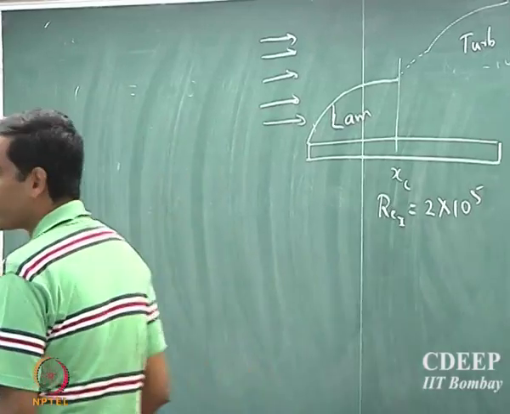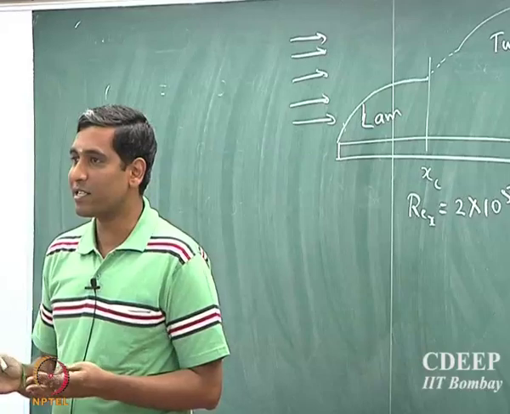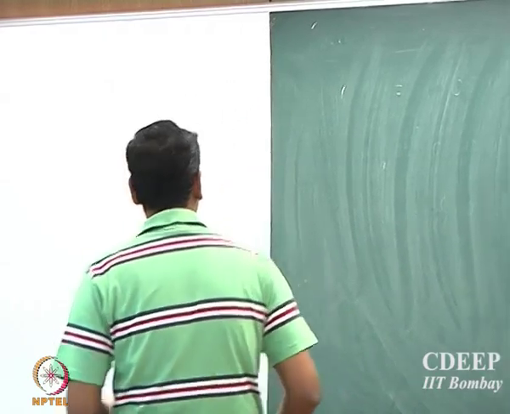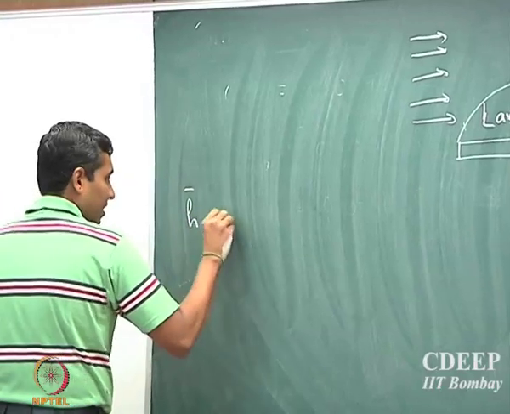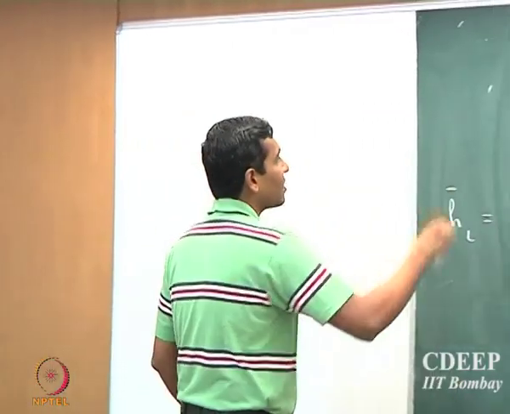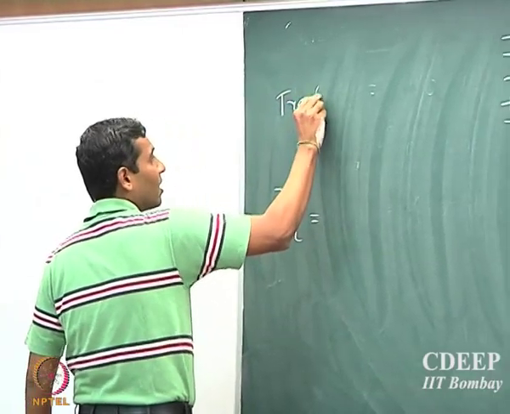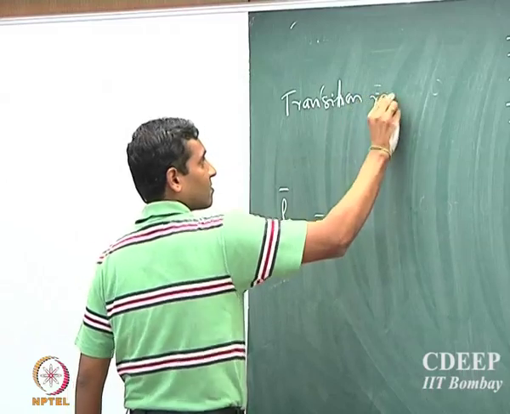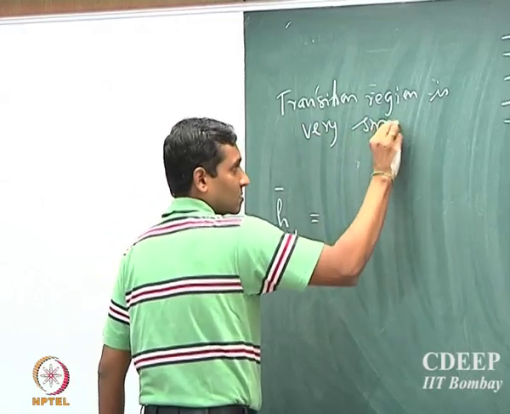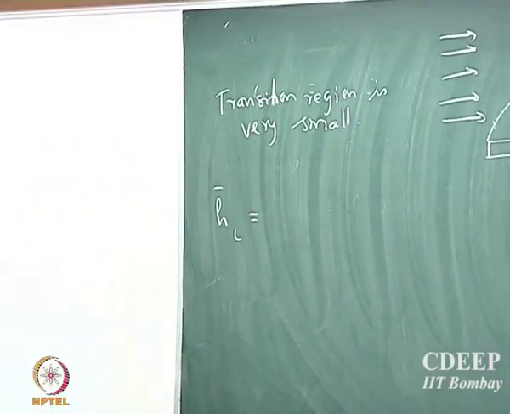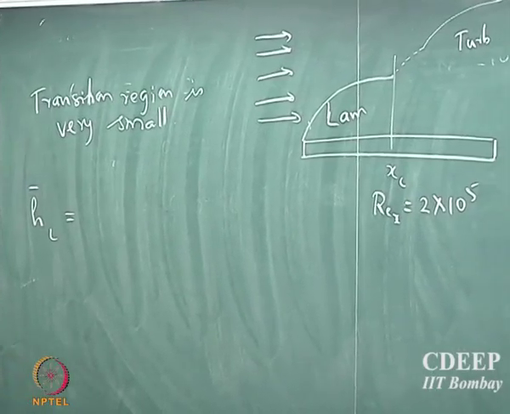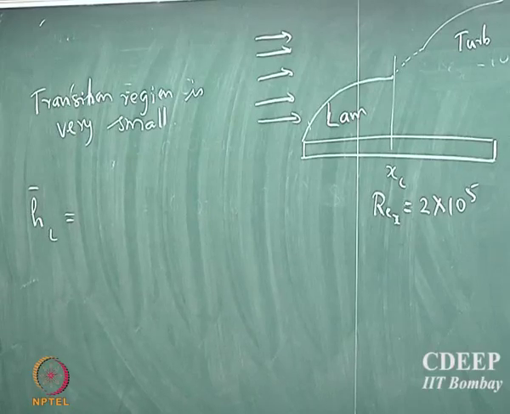So remember that what we are interested in is only the average heat transport and average mass transport coefficient. So we would really require to calculate the average heat transport coefficient for the full plate. So suppose we assume that the transition region is very small, so remember that transition region is a flow condition which has not been characterized, and it's not been fully understood as to what is the hydrodynamic condition in the transition region.